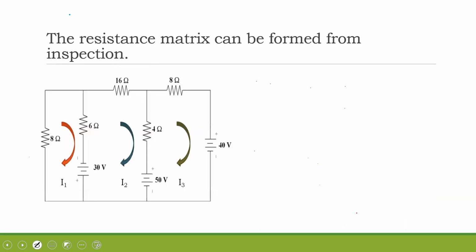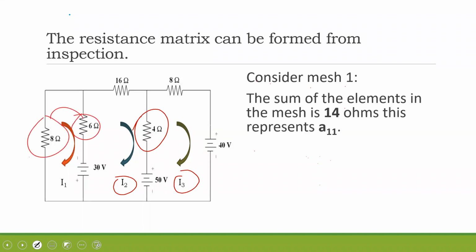All right, so here's our circuit. Remember we said that the element 3,2 would be between meshes 3 and 2. So this is mesh 3, and that's mesh 2.